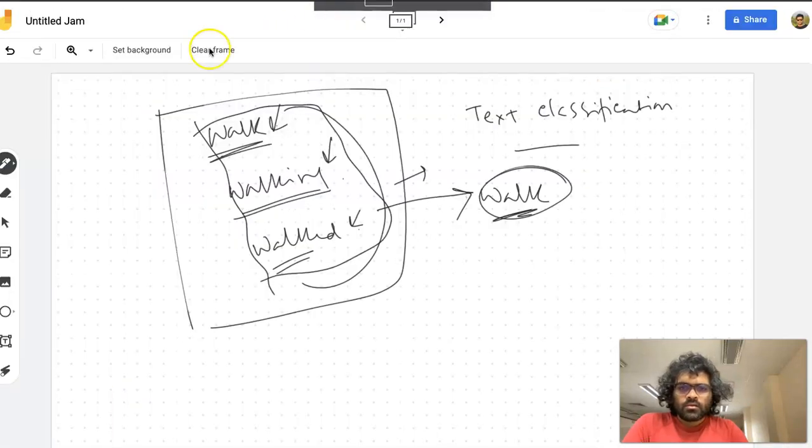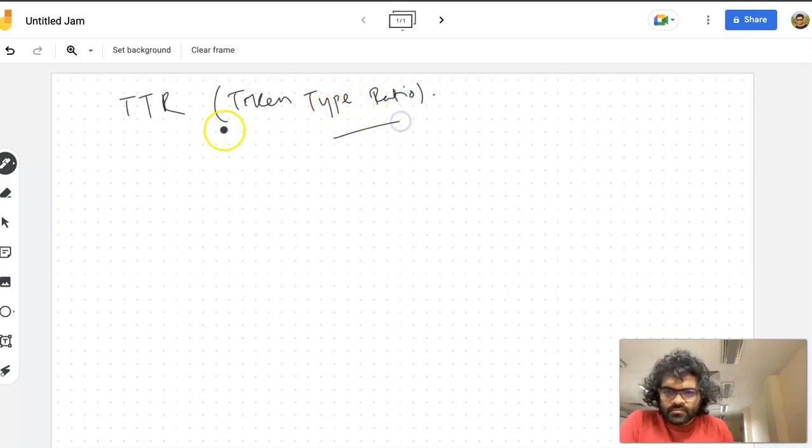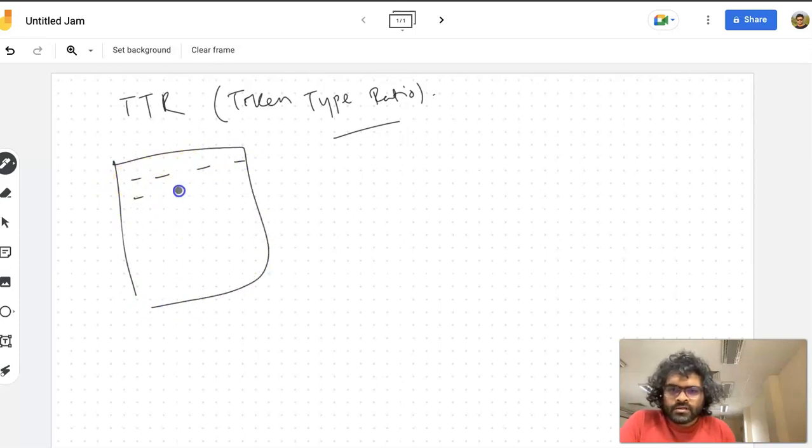So what is TTR? It is the token type ratio, or maybe I have written it wrong, type token ratio, whatever. The main concept is, suppose you have a corpus, which has multiple words. Some of the words will repeat. Suppose these are W1, W2, W3, and maybe W3 will occur again here, W1 occurs here, and Wn is there.